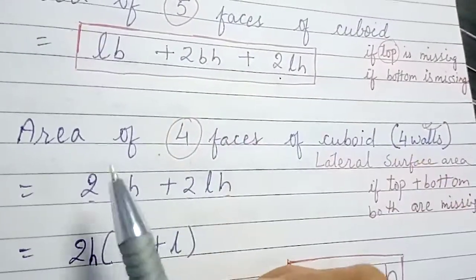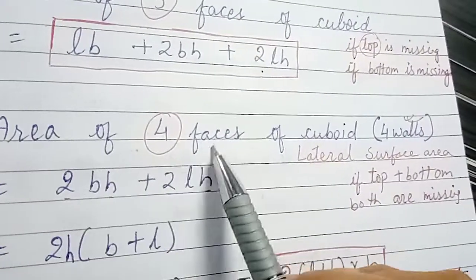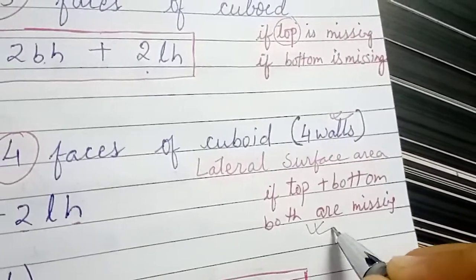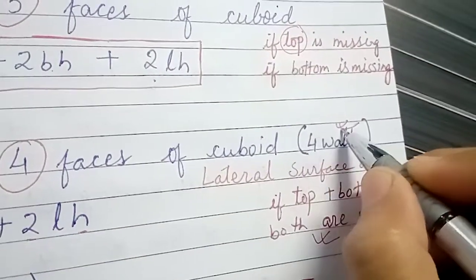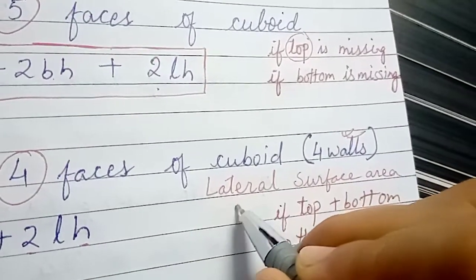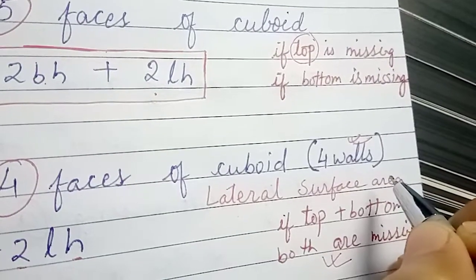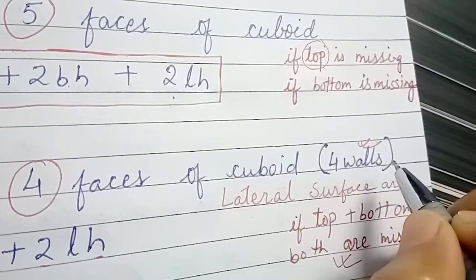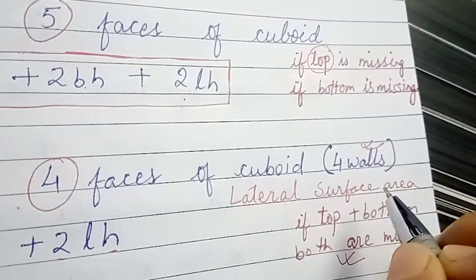And suppose you have to just find area of 4 faces, only 4 faces. Top and bottom both are missing, only 4 walls, and a special name is given, it is called lateral surface area. If you have to find only area of 4 walls, you have to find lateral surface area.